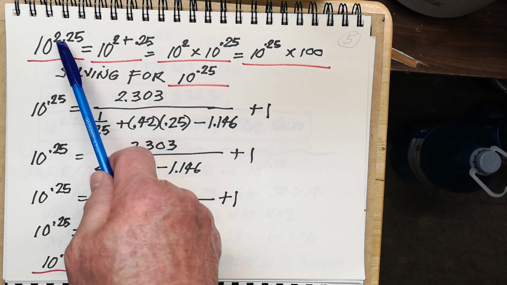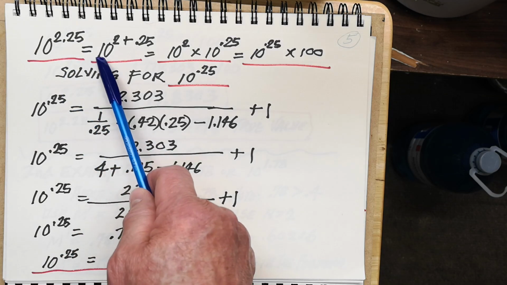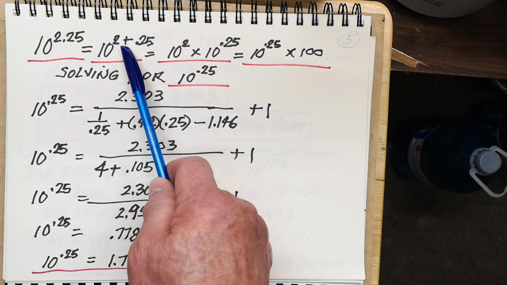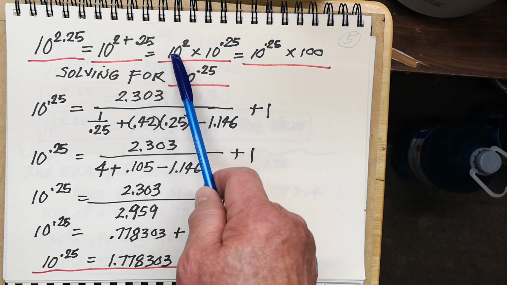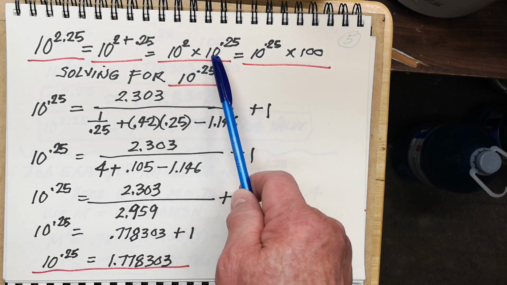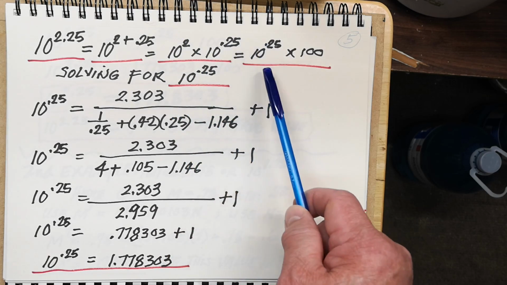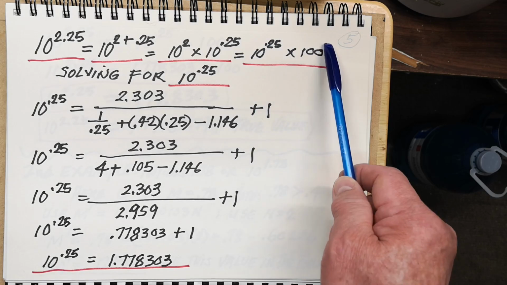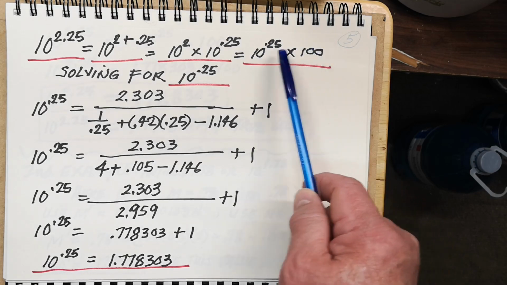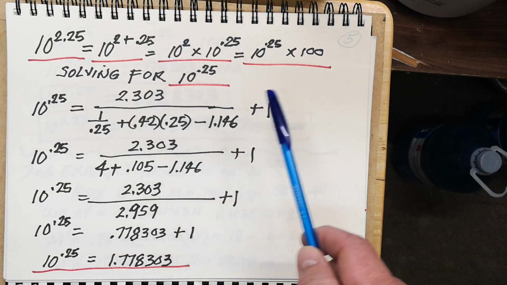10 to the 2.25 is equal to 10 squared times 10 to the 0.25, that is equal to 10 to the 0.25 times 100. This 100 is from the 10 to the 2.